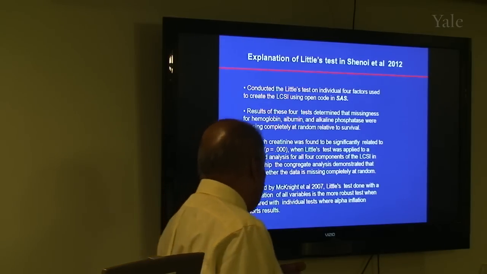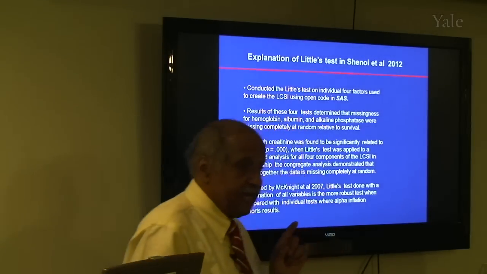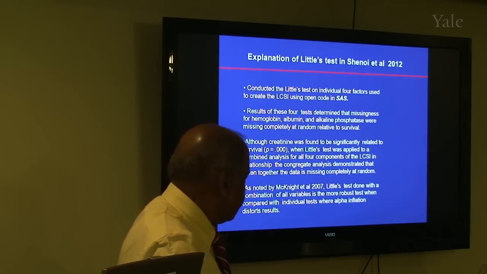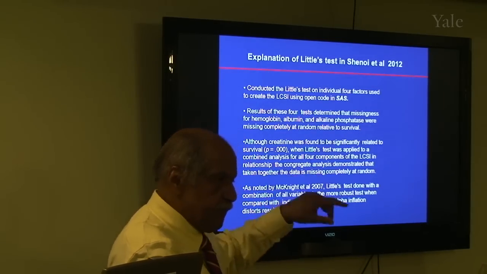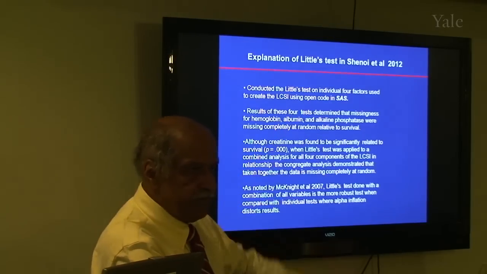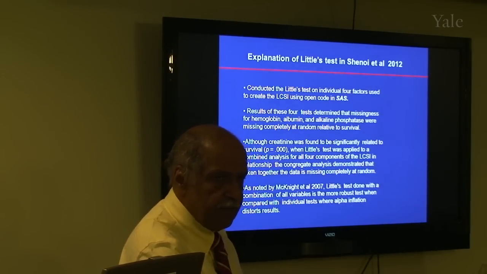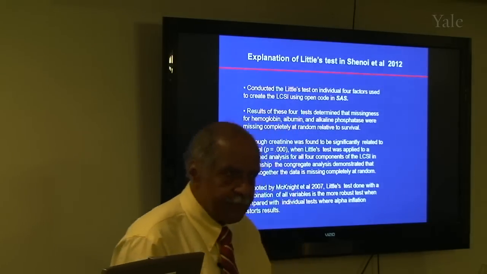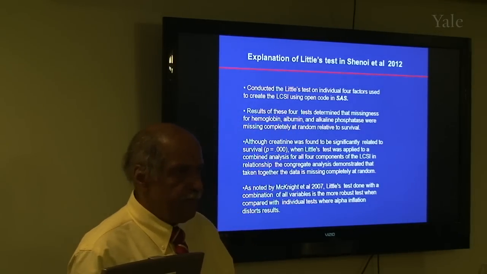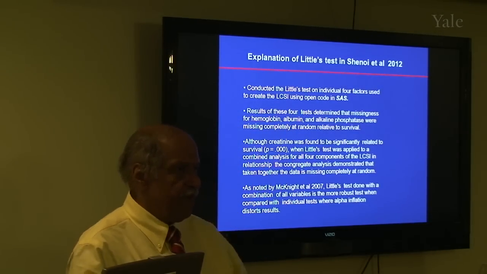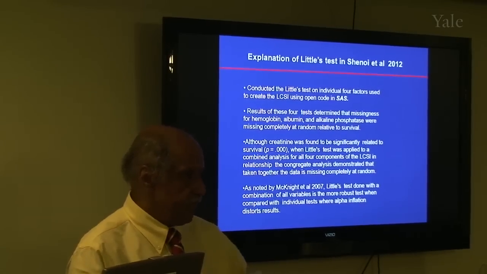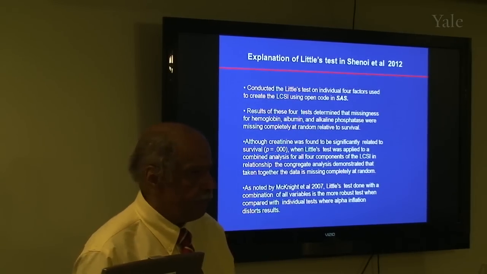Incidentally, it is better to test everything at once. In other words, you put everything in, instead of doing each variable with the outcome variable, because of alpha inflation. Every time you run a test at p equals 0.05, the error rate is additive and keeps building up as you go.